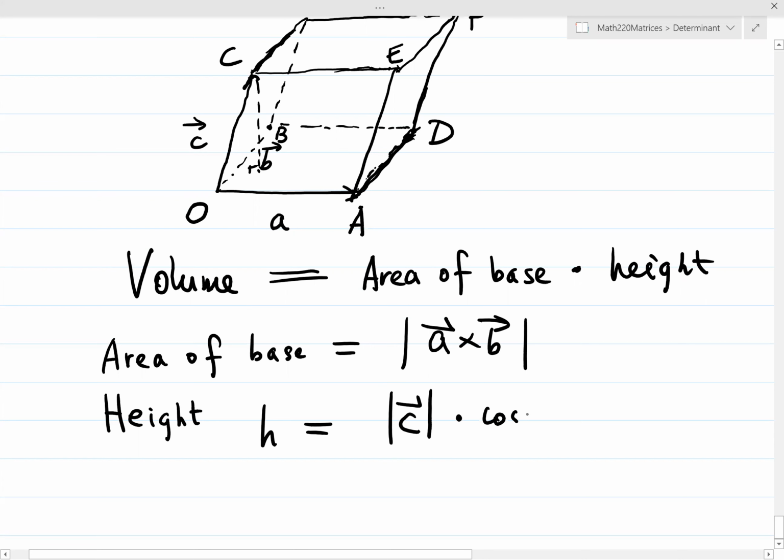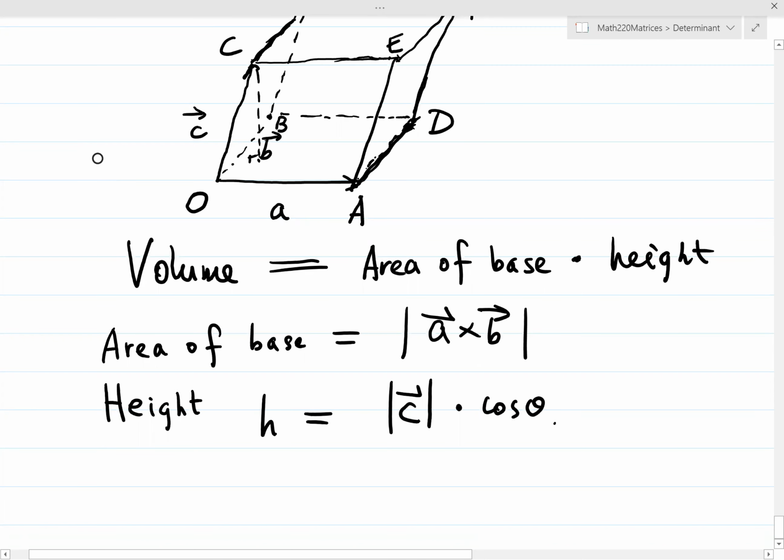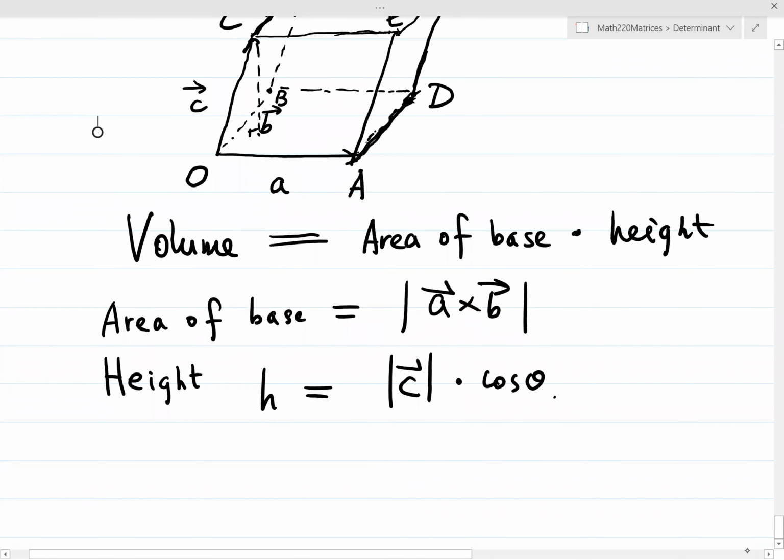Here theta is the acute angle between C and the vertical direction. So this will be the projection of C onto the vertical part.